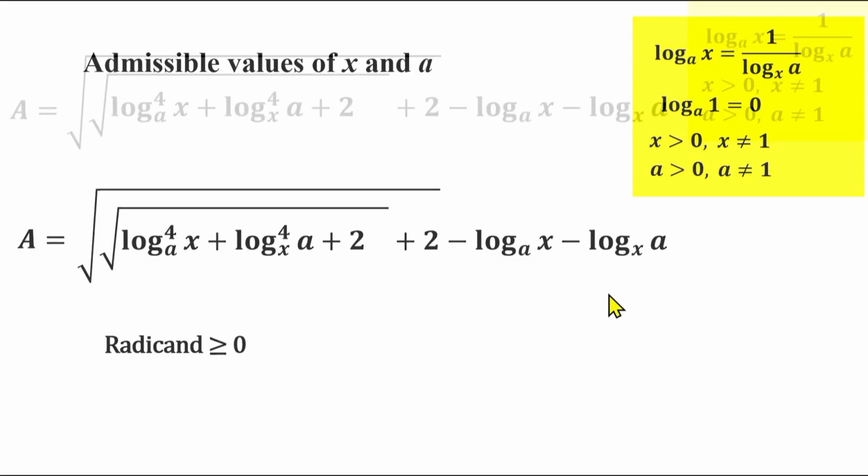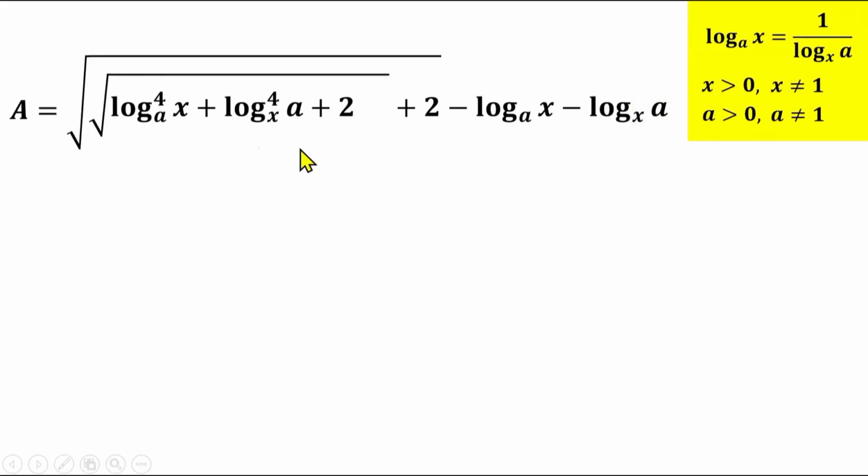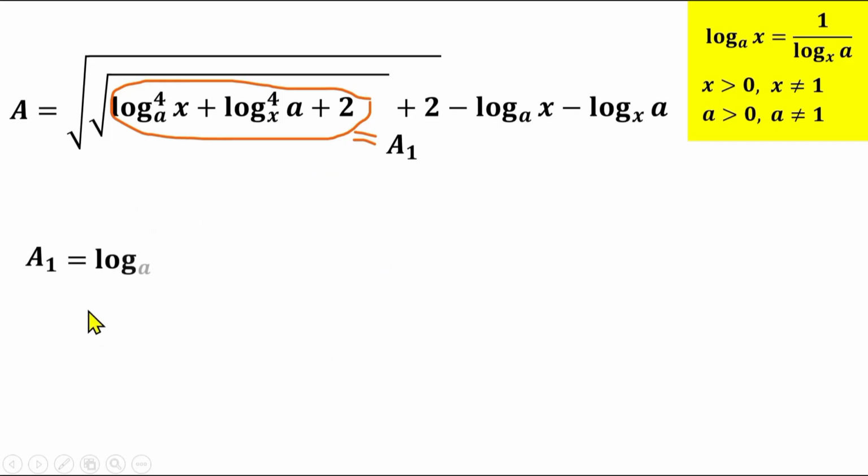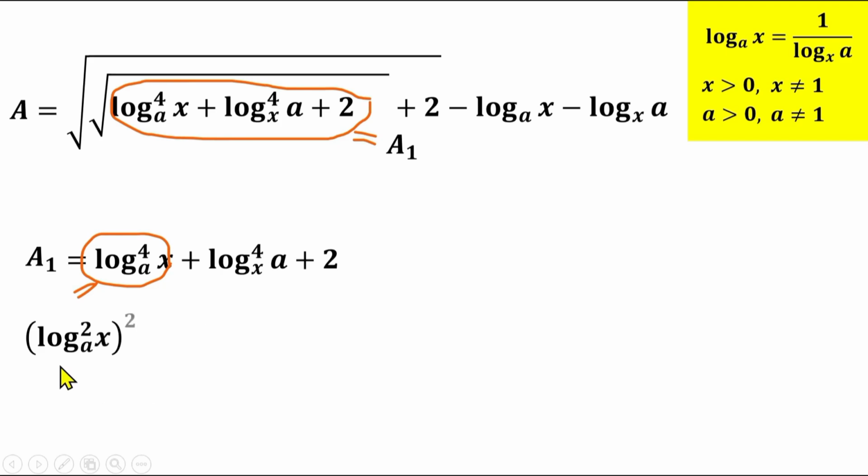of our expression. We consider first the radicand. We denote it as A1. It is equal to this expression. We replace first a logarithm as this, and the second we transform to this form.